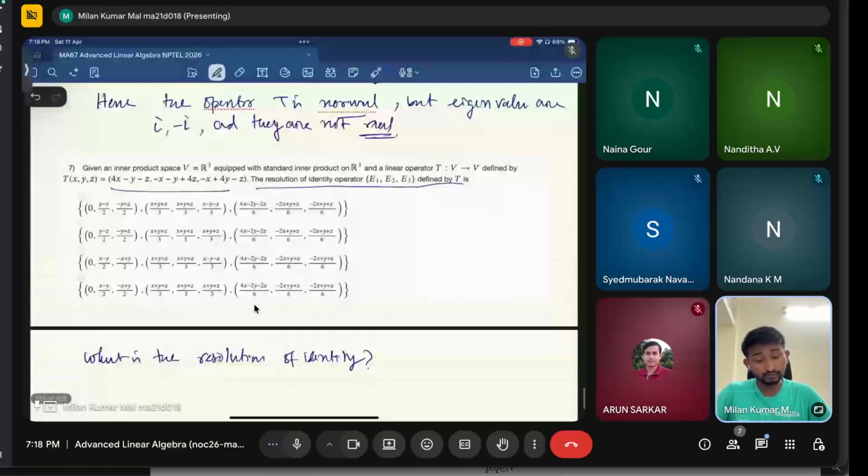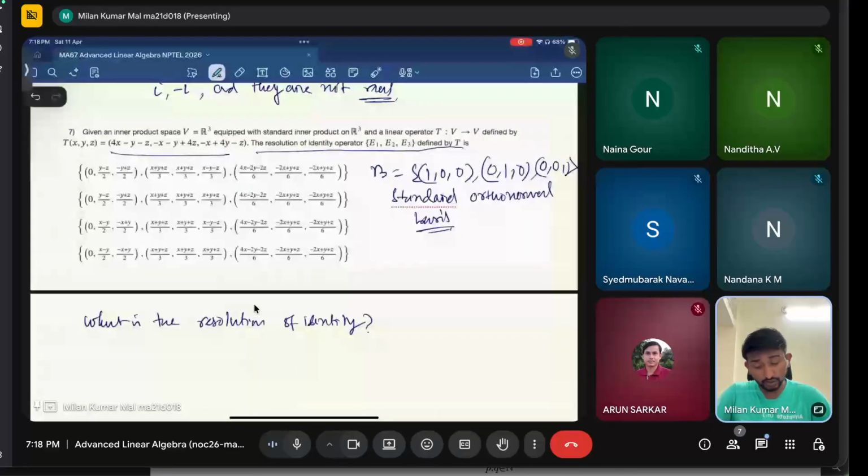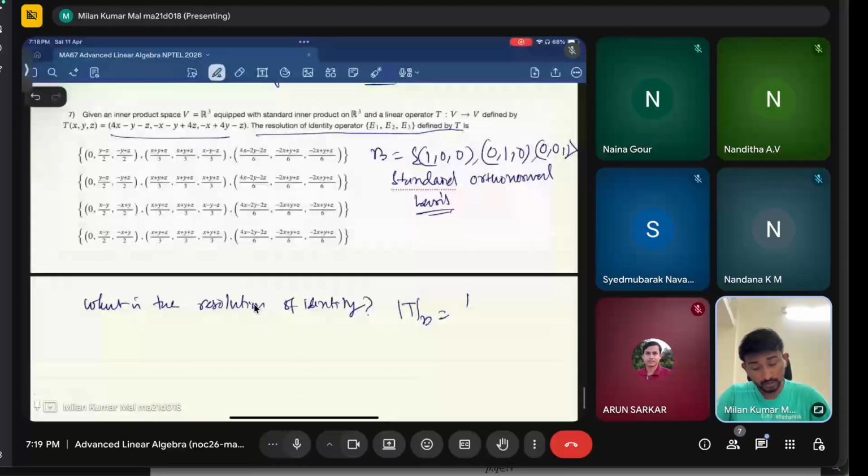Now what we can say is that the matrix representation of T with respect to this standard basis, if you look carefully, will be 4, -1, -1; -1, 4, -1; -1, -1, 4.